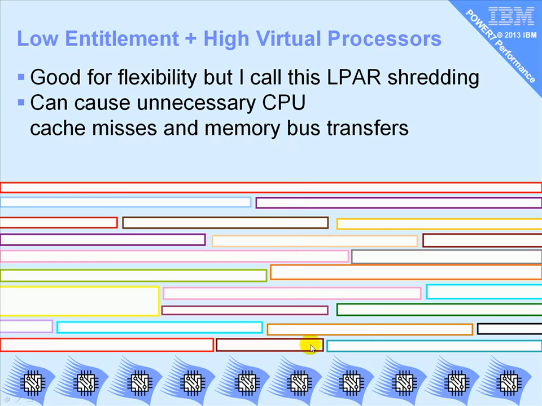When this guy runs, he gets his stuff into the cache. 9 guys knock his stuff out of the cache before he gets to run again. Low cache hits. Memory transfers. If we look at this guy in here, he's got memory, but it's spread across the entire machine. Big opportunity for having to do lots of memory bus transfers pointlessly.